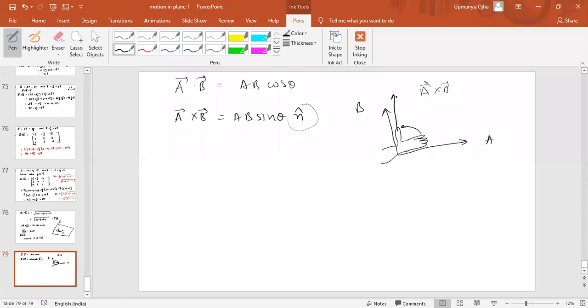The thumb pointing upward means it is the C vector, which is A vector cross B vector. So this is the direction of C vector. I am not saying direction between A and B. The angle between A and B is theta.